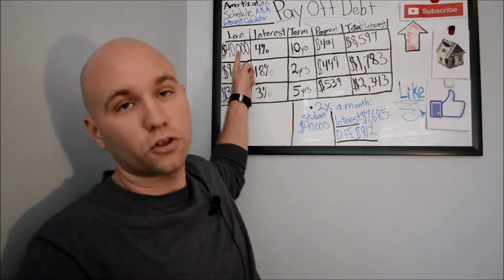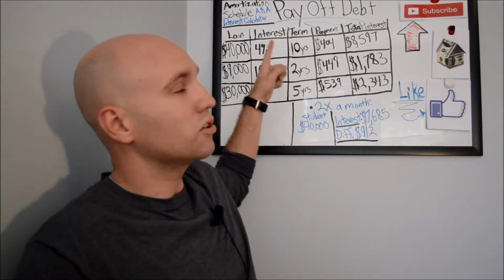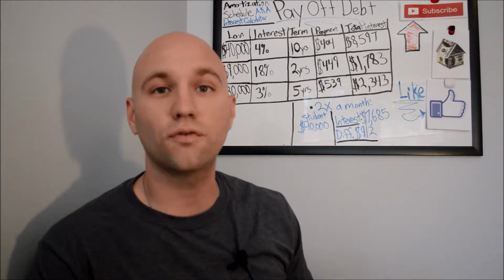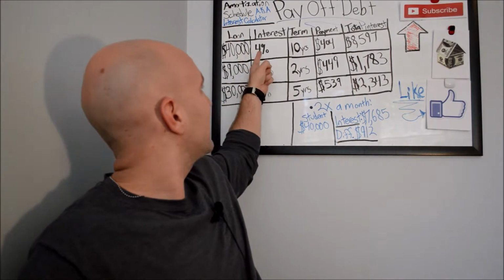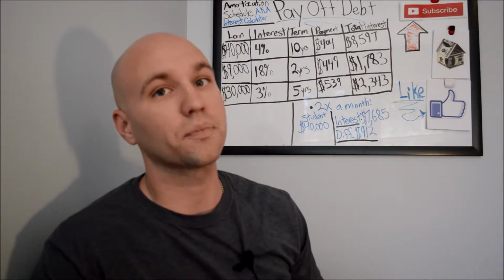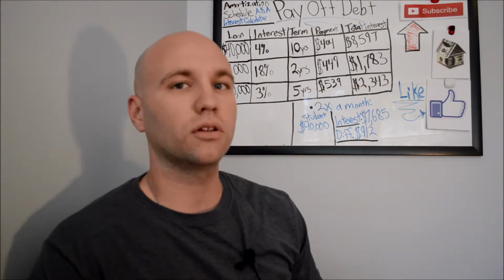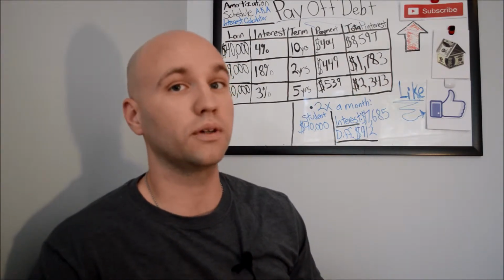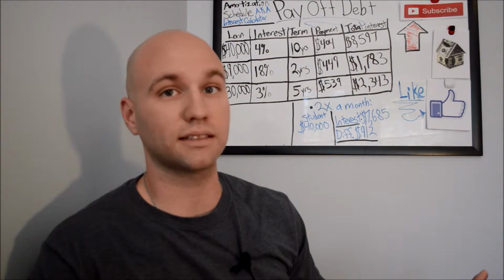So for this first one, I took $40,000, and I'm assuming that's some type of student loan debt. So this may be something that you find yourself in, and I gave it an interest rate of 4%. And usually, you'll have an interest rate that is anywhere from 4 to upwards of 6-8%.